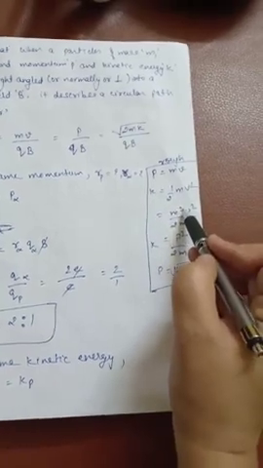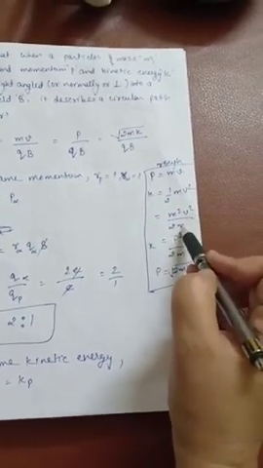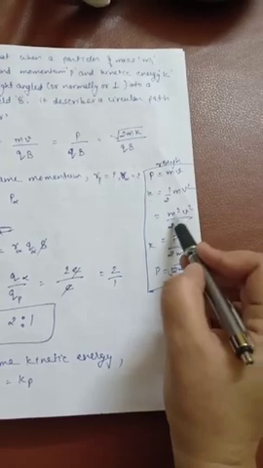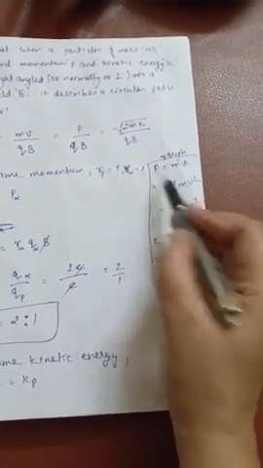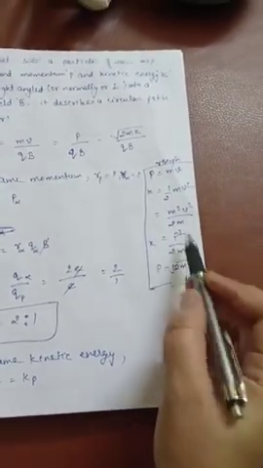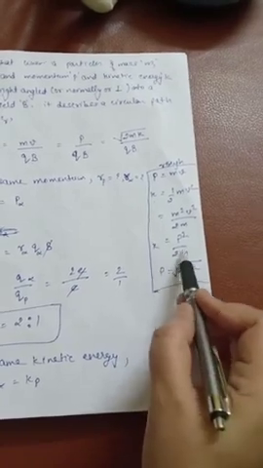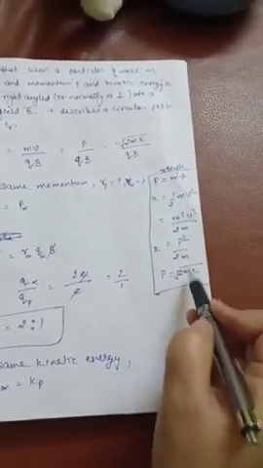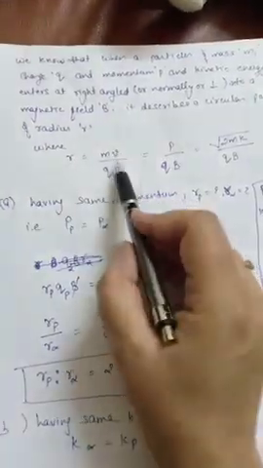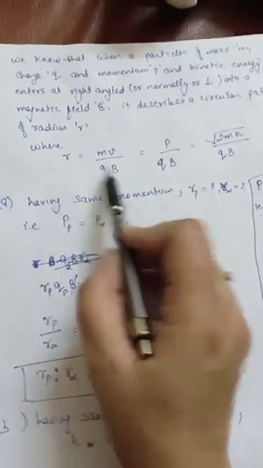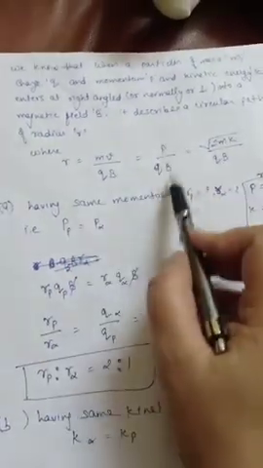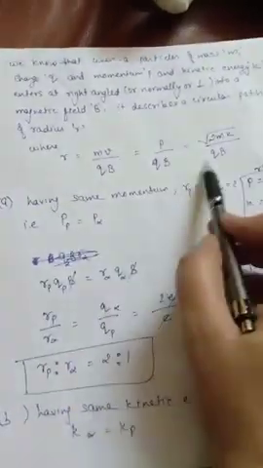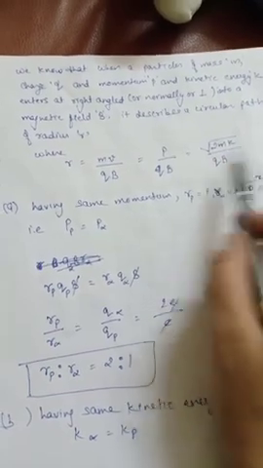So we have m square v square upon 2m, (mv) whole square, mv is what? p. So we have K equals p square by 2m. p square equals 2mK, so p equals under root 2mK, right? So R equals mv by qB, R equals p by qB, R equals under the root 2mK over qB, right?